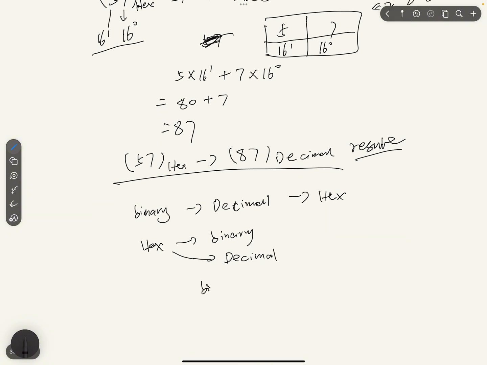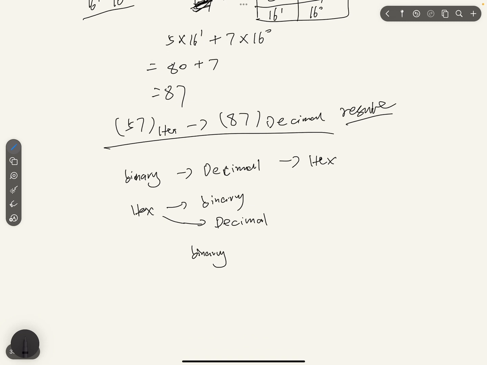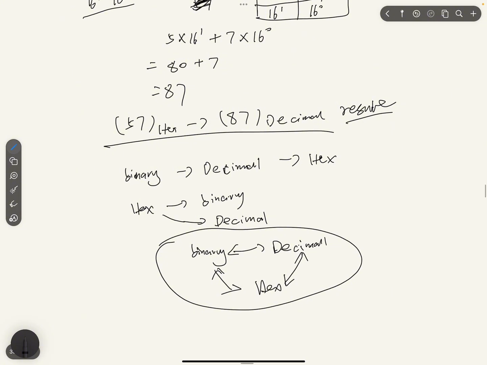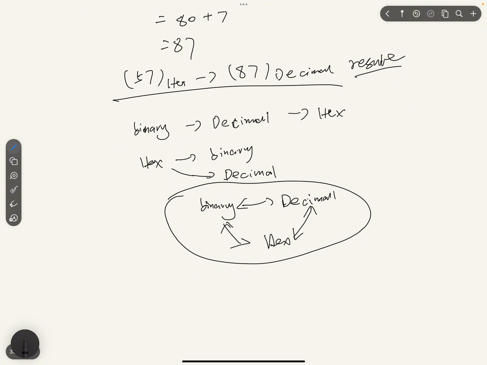These are just different number systems, different ways to represent a number, so they can be converted to each other. We have a number, we can convert it to binary, to decimal, or to hexadecimal. So that's the basics of the number system.